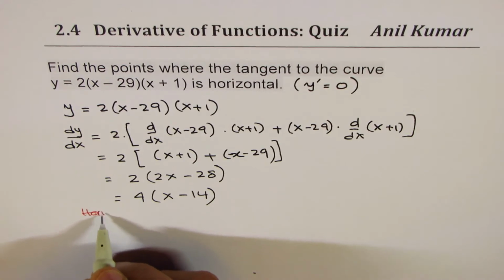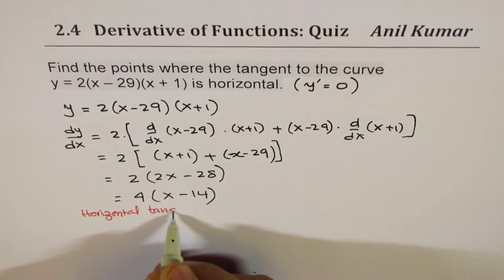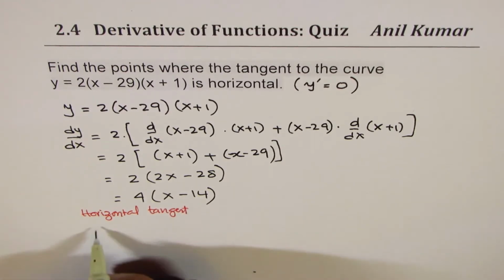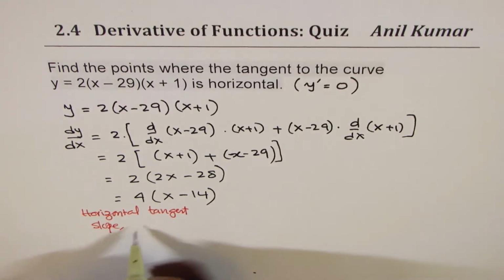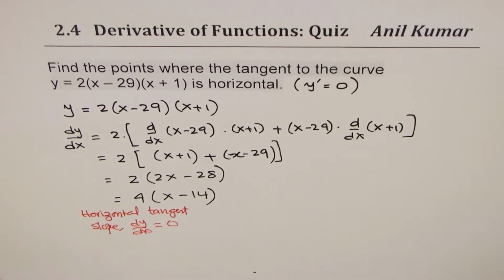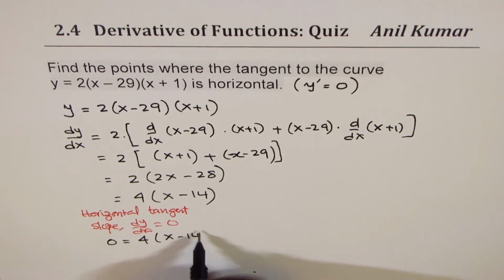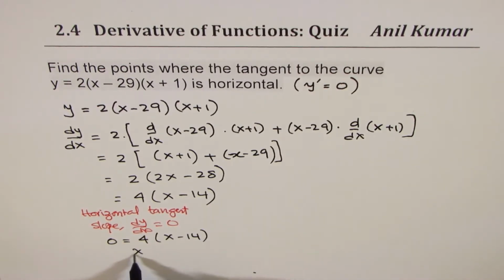So horizontal tangent means what? Means slope or dy dx equals to 0, right? So we'll equate 0 to the slope which we found, which is 4 times x minus 14. So clearly it is 0 for x equals to 14, right?